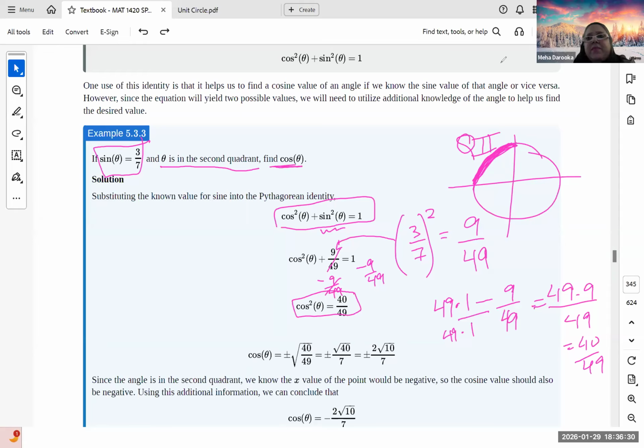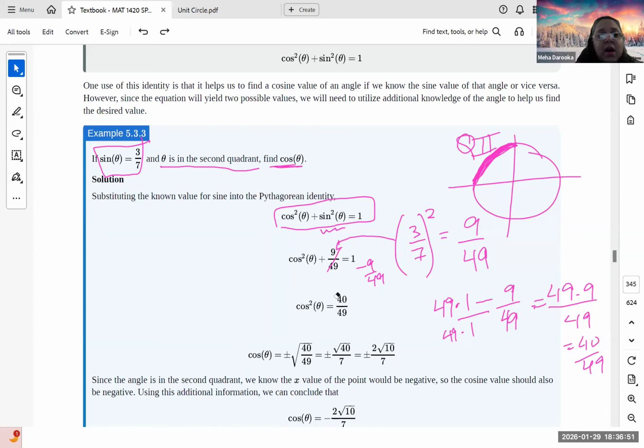I cannot remember if I had talked to you guys about this or not, but anytime you introduce a square root, right? Because you were given cosine squared, we just want cosine by itself. So you have to take a square root on both sides. So let me actually show you something here.